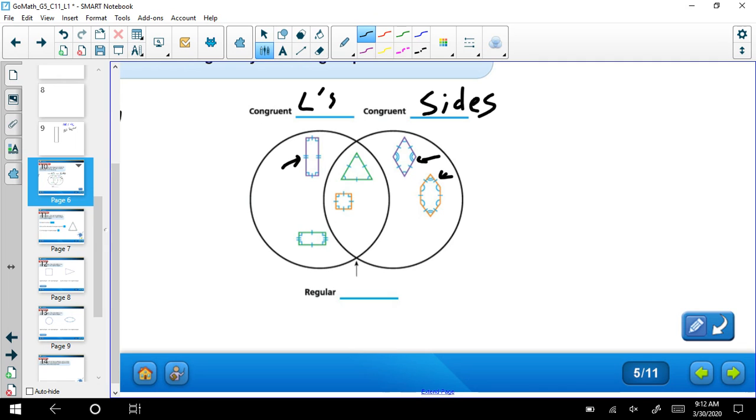But in the middle, we don't have congruent angles. This orange one down here, for example, we see that 4 of the angles are the same because they just have one little arc in them, but the top angle and the bottom angle actually have 2 little arcs representing that they are different. So right-hand side, we have congruent sides. Left-hand side, we have congruent angles. And then here in the middle, this is where we have our regular polygons because they have all congruent angles and all congruent sides.